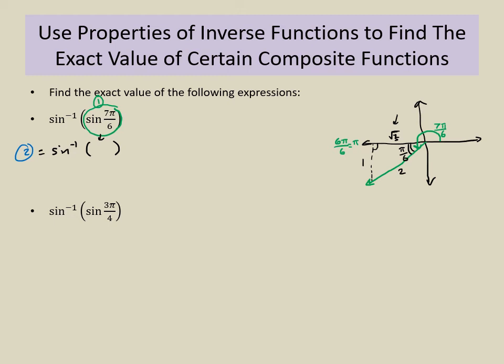So the ratio is 1 and square root 3 and 2. So this is in the negative direction, and this one is also in the negative direction. The hypotenuse is positive. So what is the sine of 7 pi over 6? It's going to be negative 1 over positive 2, or negative 1/2.